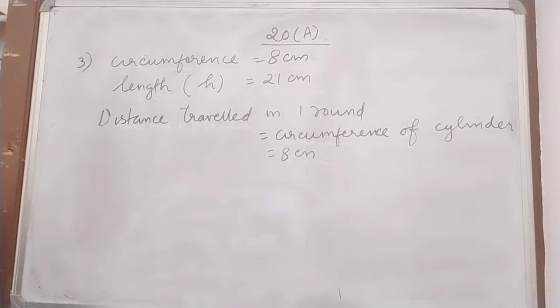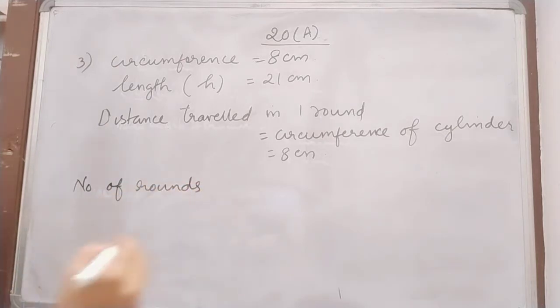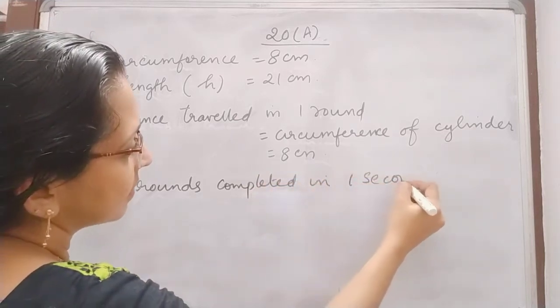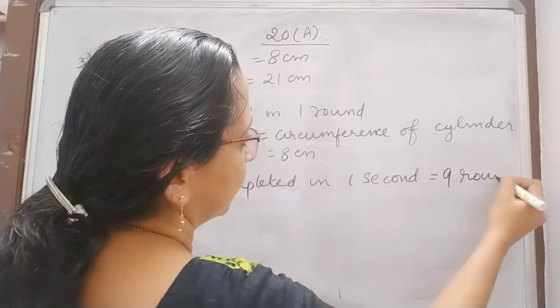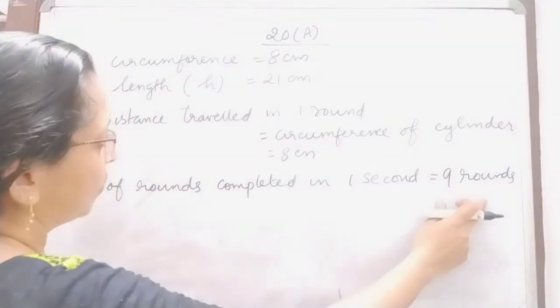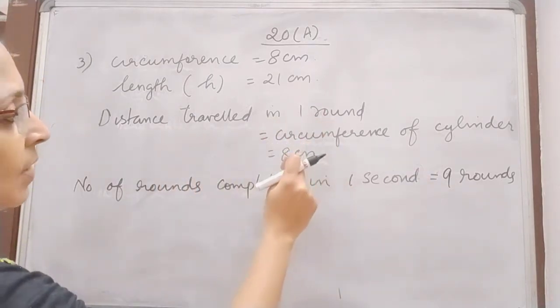That means the number of rounds completed in 1 second is 9 rounds. So what will be the distance travelled in 9 rounds? Distance travelled in 1 round is 8 cm.